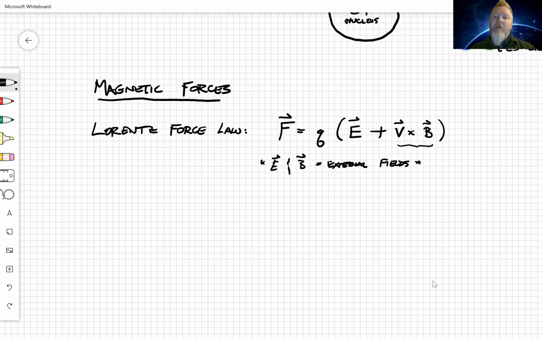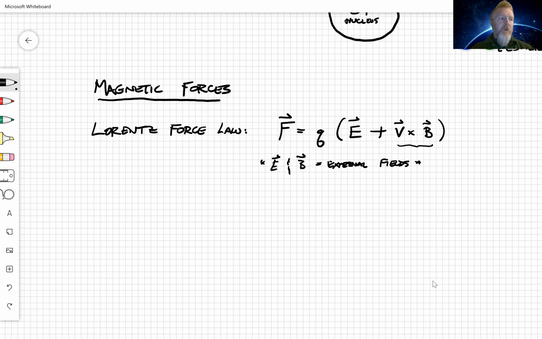But also we're concerned about the trajectory of a charge that passes through these E and B fields, and this is what this is for. It's to find that trajectory of a charge. So Q is the charge and V is the velocity of the charge, and how that charge feels force when it's immersed in E and B fields is given by this.